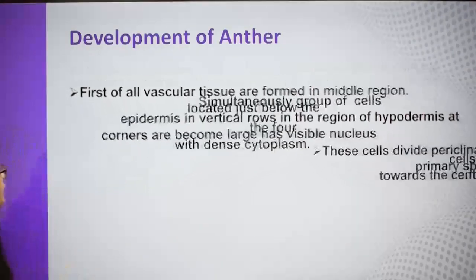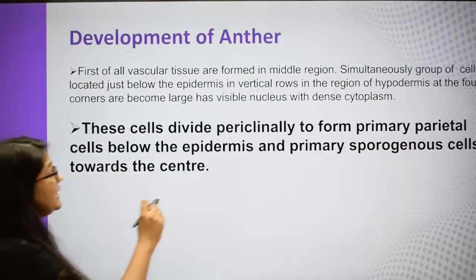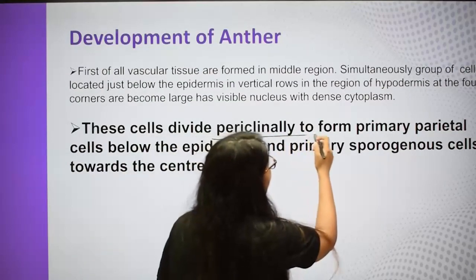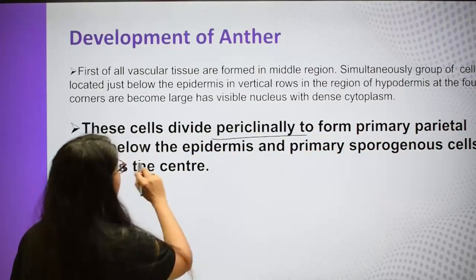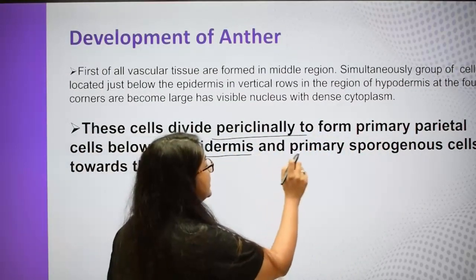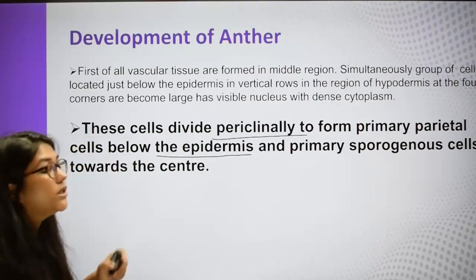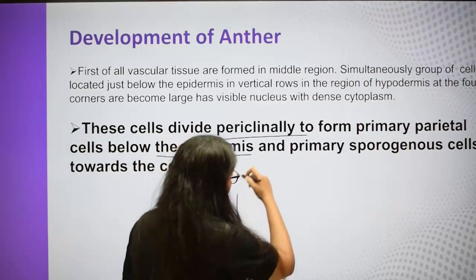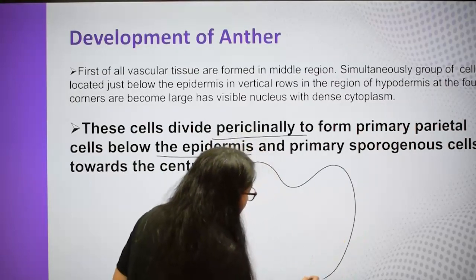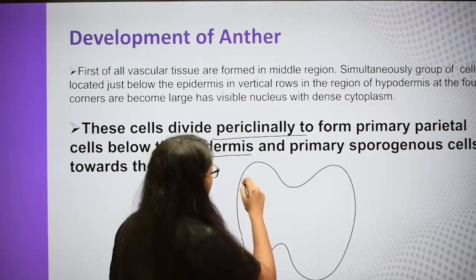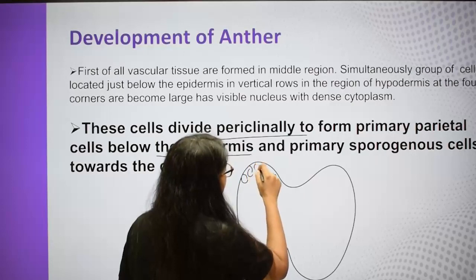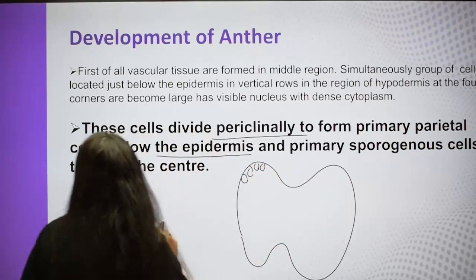Now moving further, these cells divide periclinally to form the primary parietal cells below the epidermis and primary sporogenous cells towards the center. Right, so what are we talking about? This is the initial part. These are the cells present in the hypodermis region.